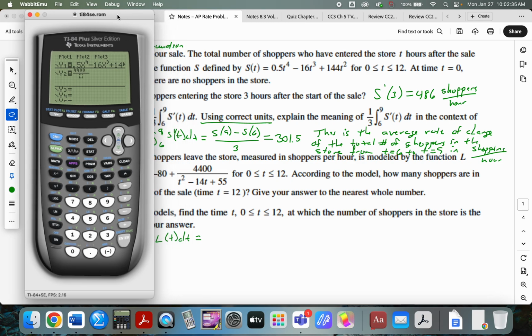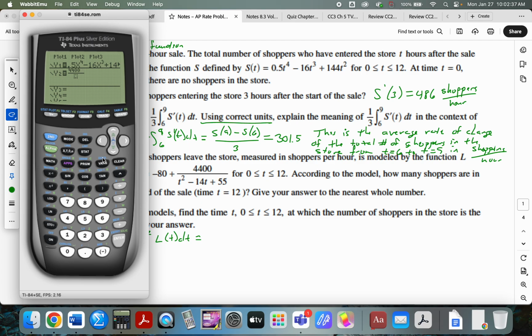Oh yeah, was there something in front of it? Oh yeah, there was. Negative 80 plus 4,400 over t squared minus 14t plus 55.